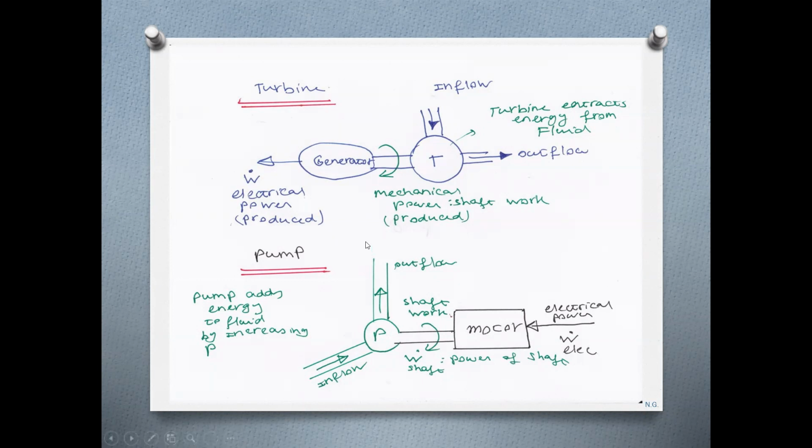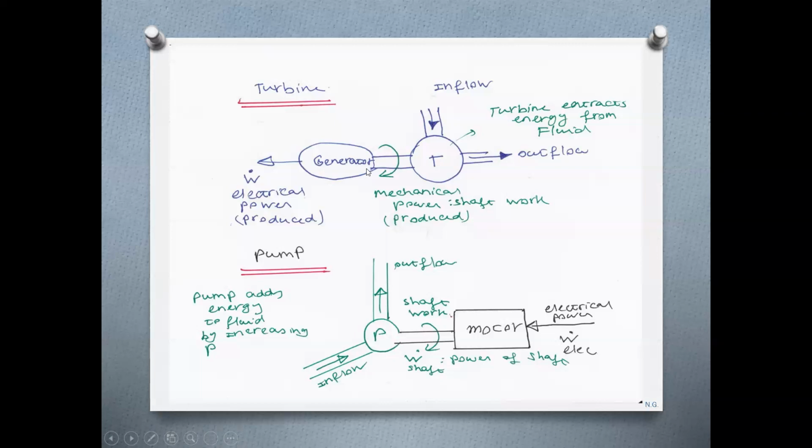For the generator, I didn't understand exactly your question, but I'm thinking you're asking about how the generator works. For a generator, there is input and output, right? So the input to the generator is basically the shaft power, the shaft work, which is the output of the turbine.